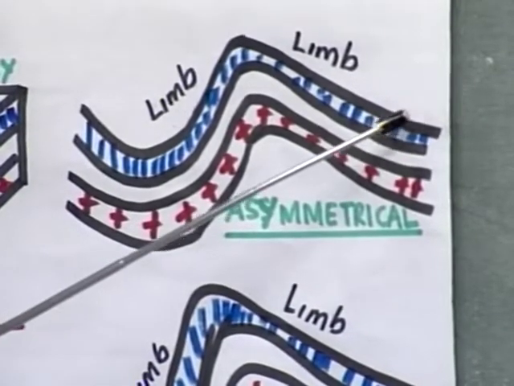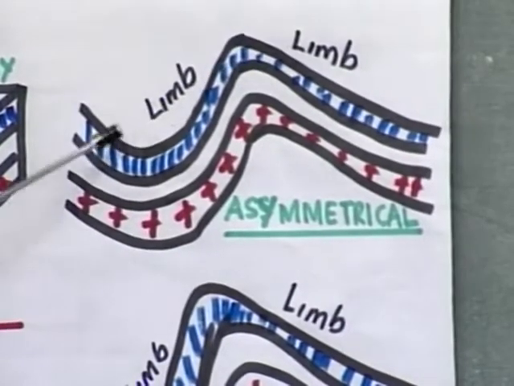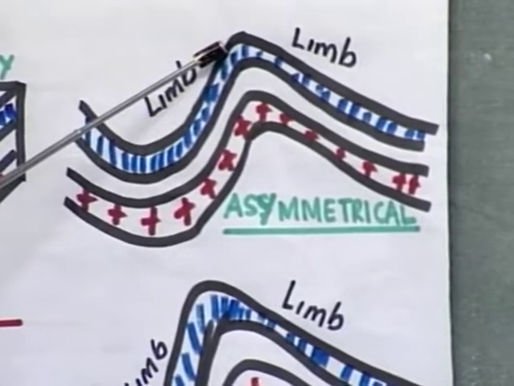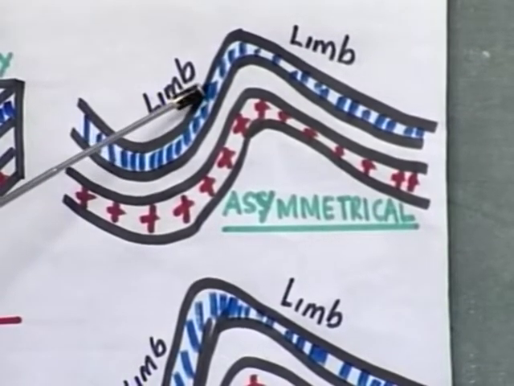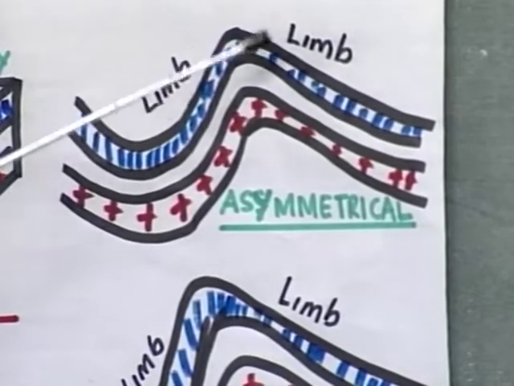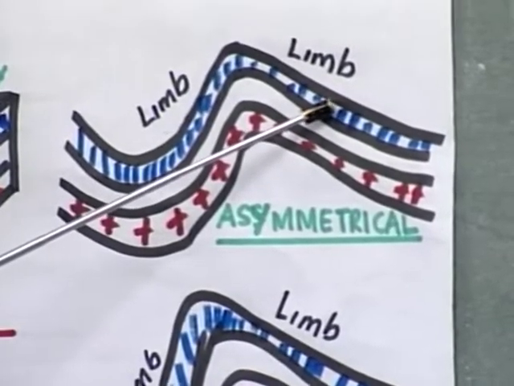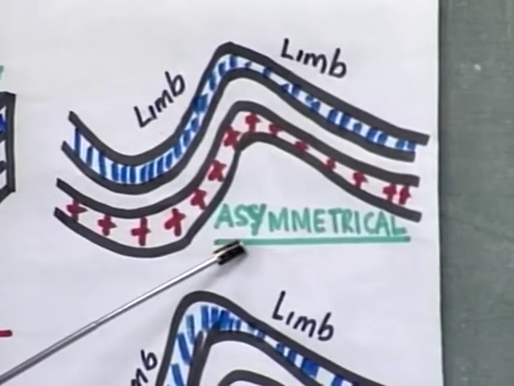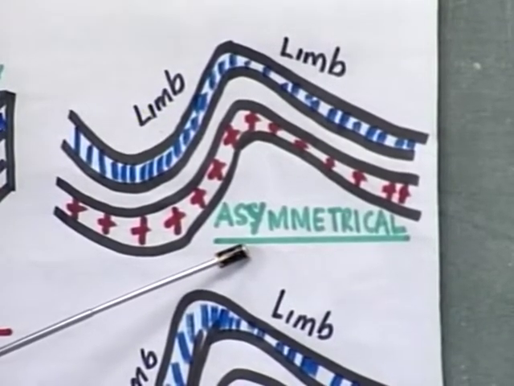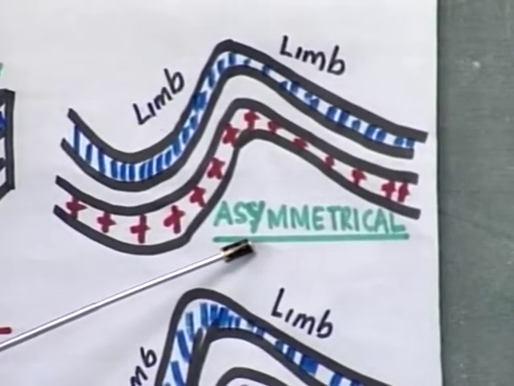So if you look at this limb here, in comparison to this particular limb here, you can see that this limb is actually steeper than this limb here. And when that happens, the fold becomes what is known as an asymmetrical fold.